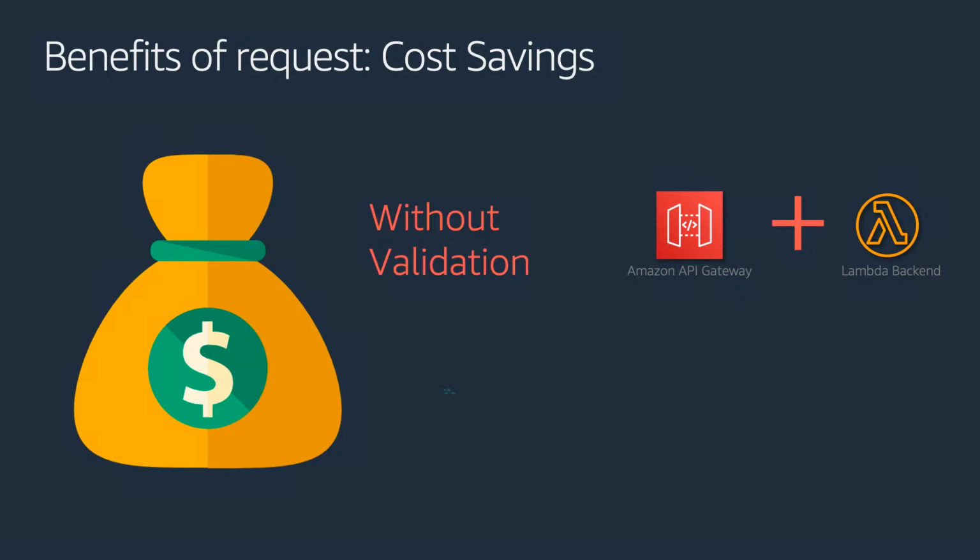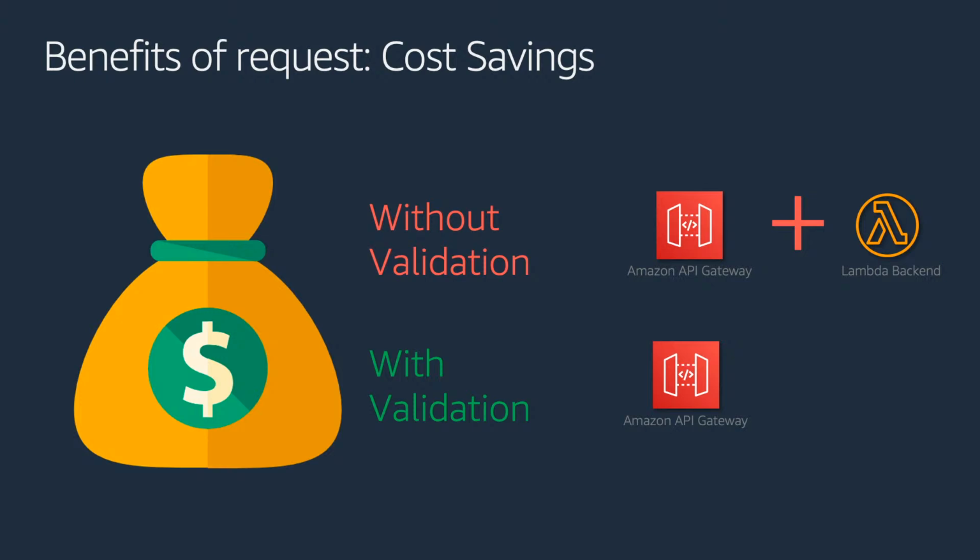But when you do it with validation, you are going to only pay for the API Gateway. You are not going to pay for the backends for all the failed requests. Just to repeat it, you are not going to pay for any of those failed requests on the downstream systems, and that saves you a significant amount of cost because you are just paying a smaller amount.